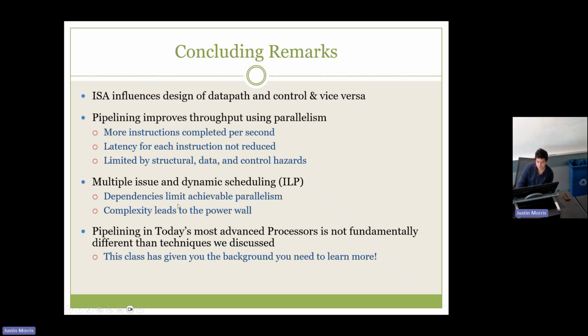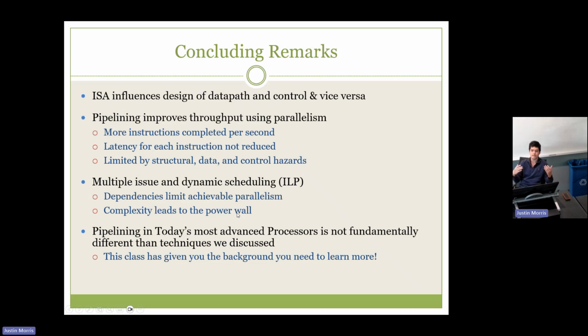The dependencies are going to limit our achievable parallelism, but by combining all of those ideas together, with loop unrolling, with multiple issue, with out of order execution, I can find more instruction level parallelism than if I was only using one of those things. This complexity, though, is what is going to lead to us hitting that power wall.